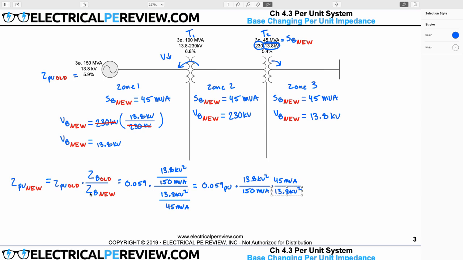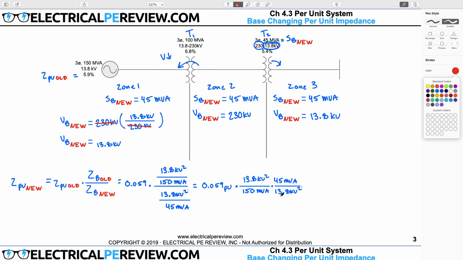I'm still dividing by my new base. Nothing has changed mathematically. Now, look at this. The new voltage base, 13.8 kV in zone 1, equals the old voltage base, 13.8 kV, right? That's the voltage rating of our generator. So these two terms cancel.